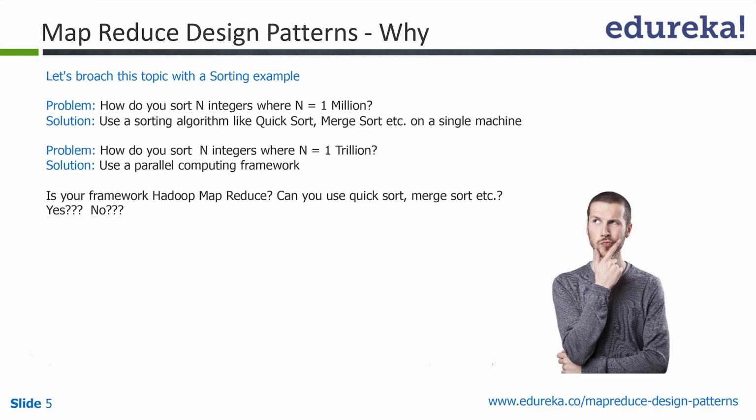Also, consider the limitations which the framework forces on you, so that you cannot use the mappers or the reducer in the way that you want to. For example, for any synchronization that has to happen across the processing done by the mappers and the reducer stage, there is only one stage where you can do that, and that is the shuffle and sort.